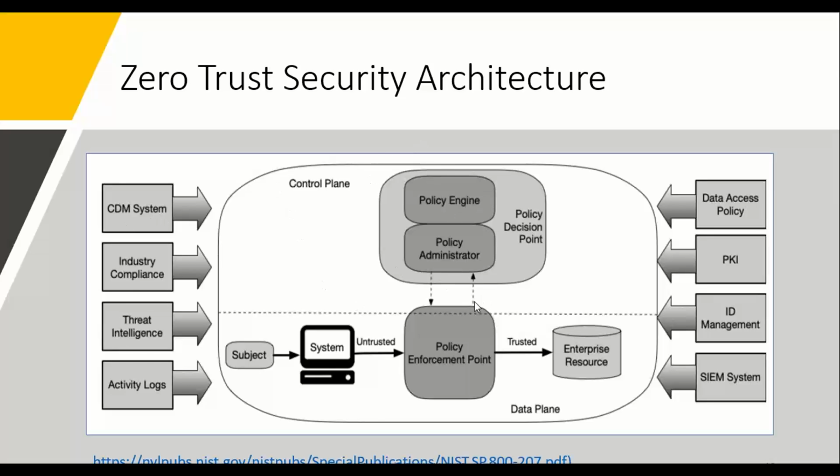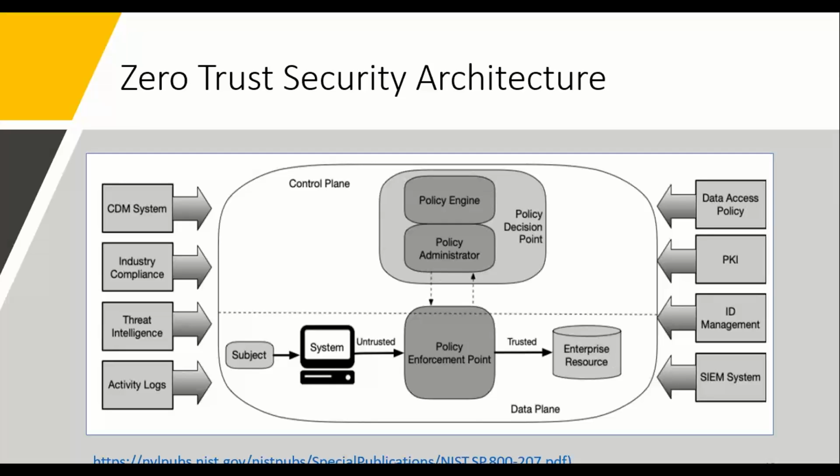You should have your control plane and data plane defined, and it should be running through the policy engine. So this is one of the architectures that is shared. You have untrusted as well as trusted. Once it goes through the policy enforcement point, it converts from untrusted to trusted enterprise resource.